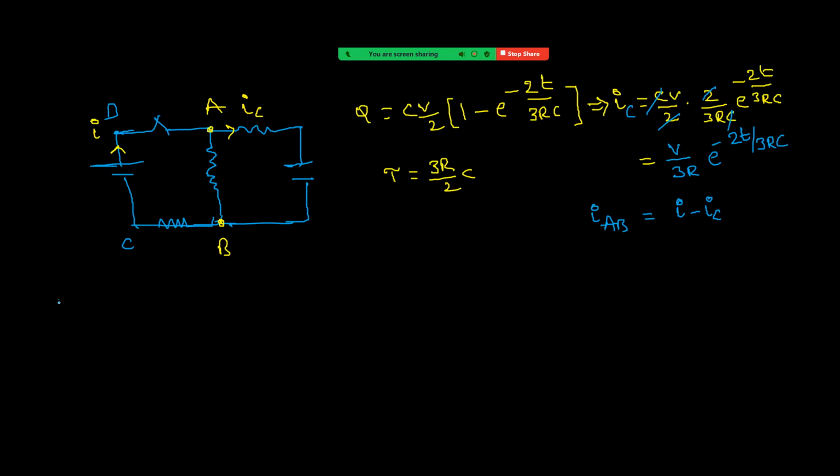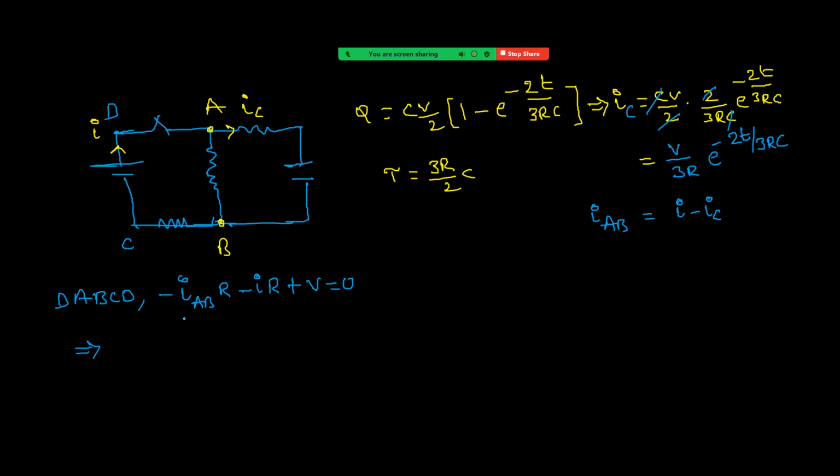I'm taking the path D, A, B, C, D. Coming to here, it is minus IAB into R. Coming from B to C, it is now I, so minus I into R, because IAB and IC combine at B. So minus IR plus V equal to 0.